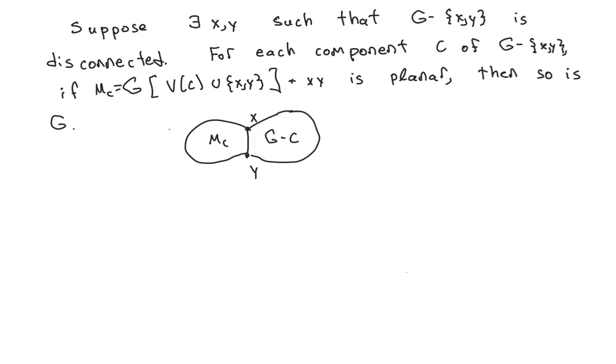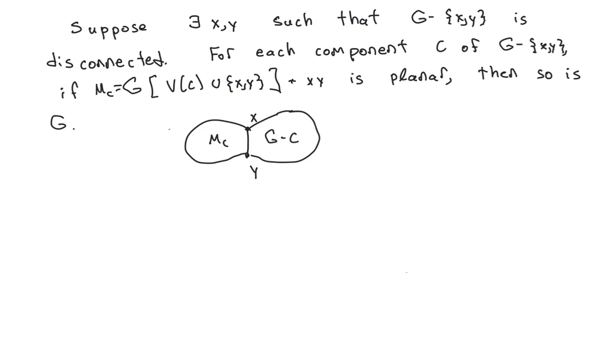So now let's assume that we have a separating set of size 2. Suppose there are two vertices x and y, such that G minus {x, y} is disconnected. Then what we're going to do is take each component of this deletion and add in the edge between x and y. If each of these components is planar with these added edges, then so is the original graph.